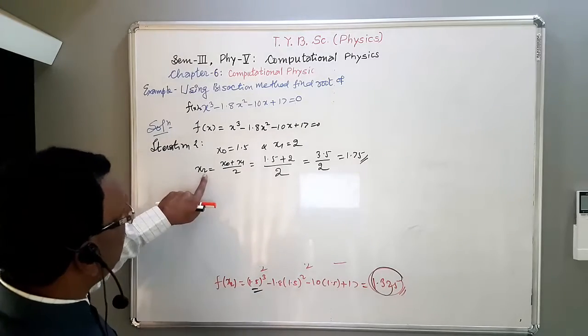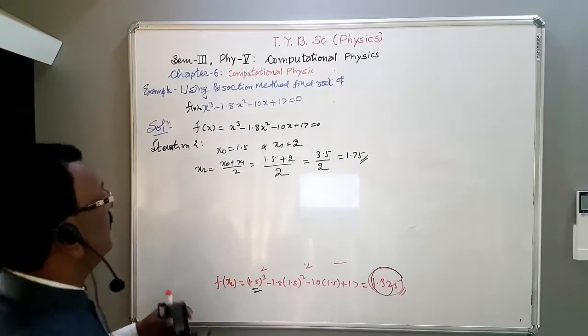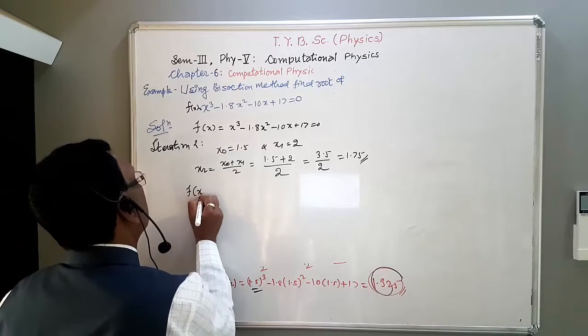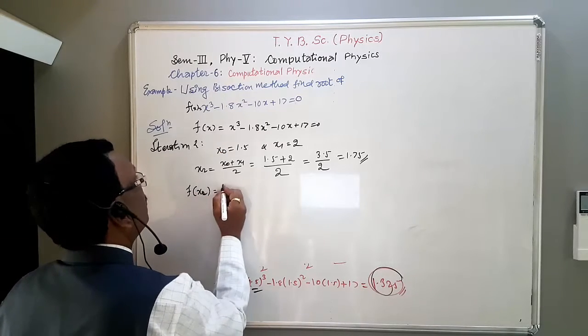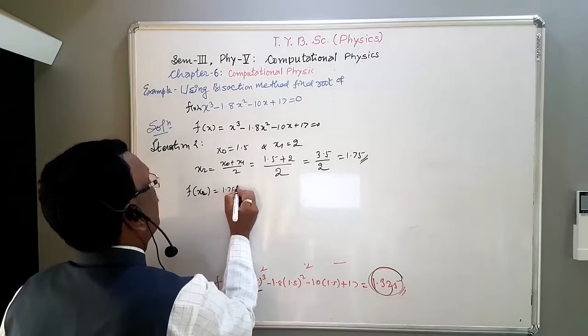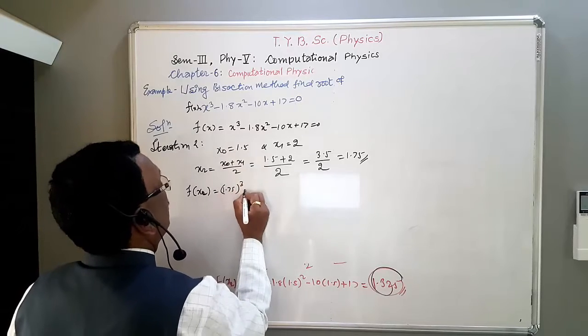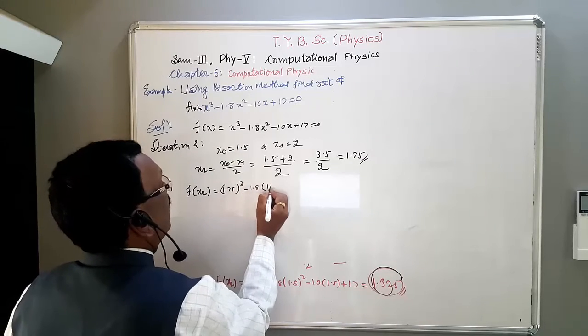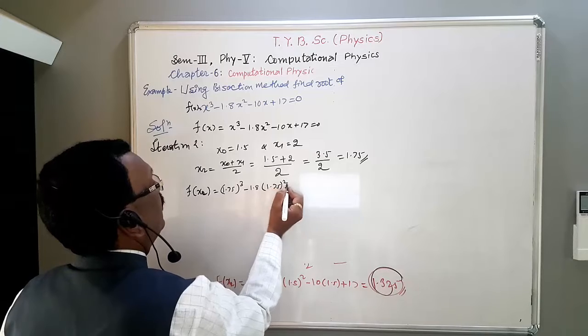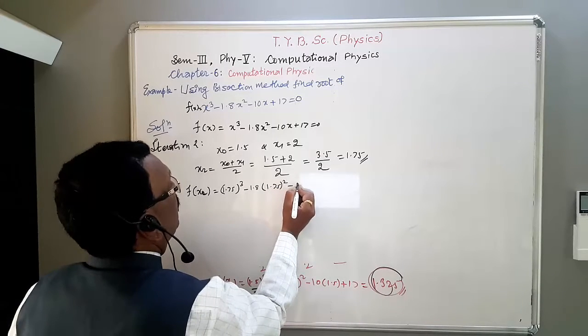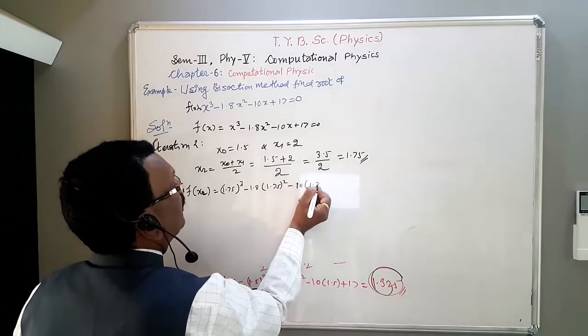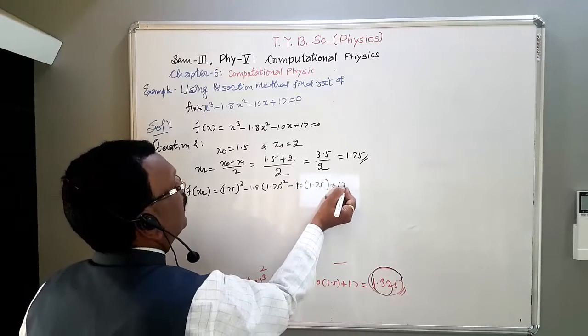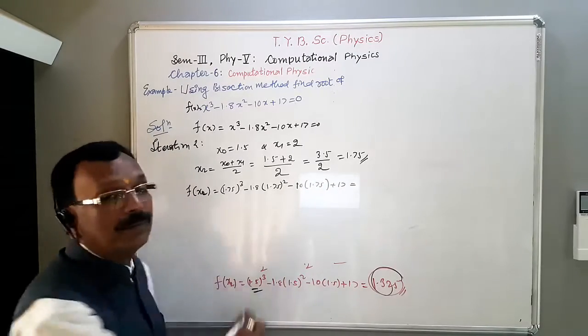Then again substitute this value of x2 in the given function, then we will get f of x2 equal to 1.75 cube minus 1.8 times (1.75) square minus 10 into 1.75 plus 70. Solve this term.